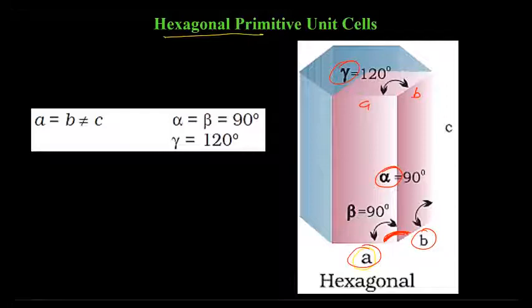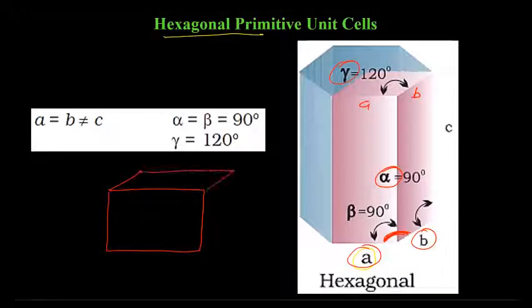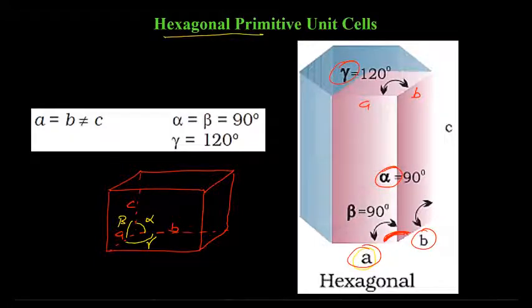So if you remember the unit cell I had shown to you, if we have A, B, C, then the angles will be opposite to A will be alpha, means between C and B. Beta will be opposite to B. Opposite to B means between A and C. Gamma will be opposite to C. Opposite to C means between A and B. So the same rule we will follow here.